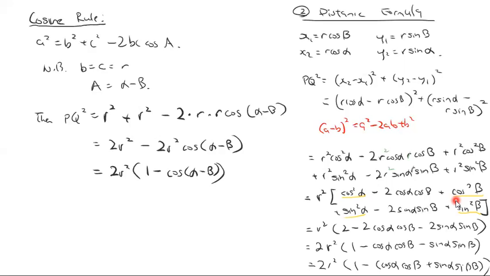Tiffany, Jocelyn, any parts that you aren't clear about? All right. So, you guys agree that this is PQ squared, right? Yes. So let me just copy this out again.